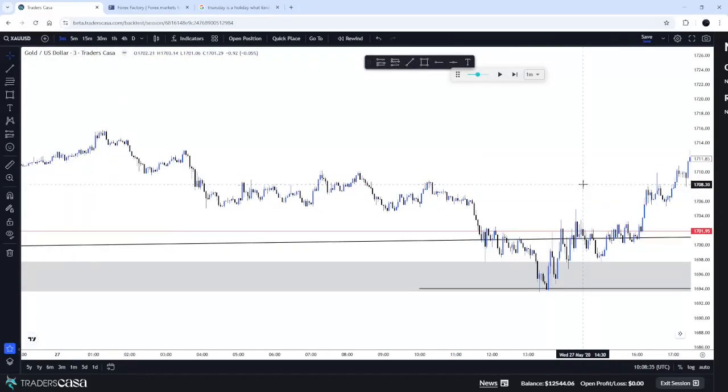So you have a clear demand, a clear break of structure here. Price broke the structure. If you look here, it was this push that broke the structure.